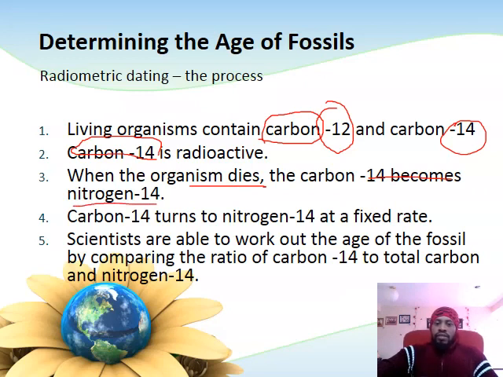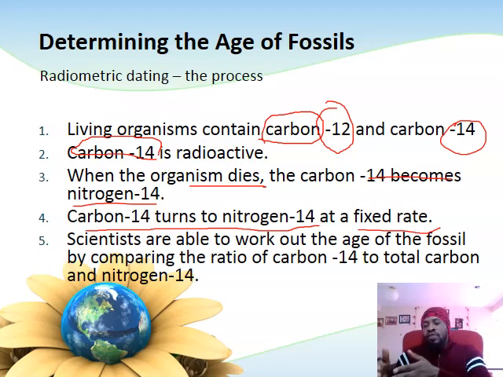In the process of changing to nitrogen-14, carbon-14 changes at a very fixed rate. After a certain time, an amount of carbon-14 would have been converted to an amount of nitrogen-14, so that we always have different amounts of nitrogen. As carbon-14 is decreasing, nitrogen is increasing.